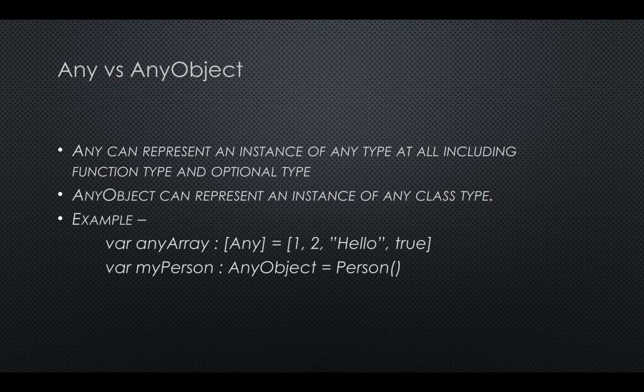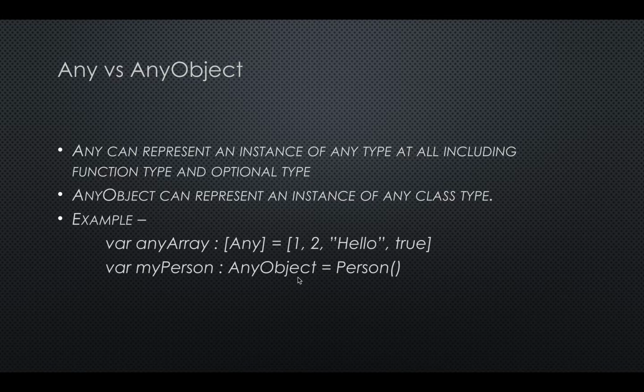When you are referring to something which has an object, like Person is a class over here, you can use AnyObject, whereas for data types like string, boolean or integer, you should use Any, and if you want to use it for classes, then you should use AnyObject.